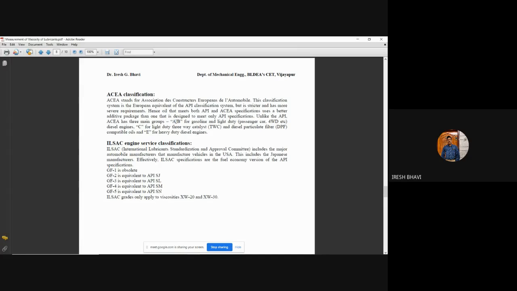Whereas C grade oil is used for light duty three-way catalyst type engines. So if a three-way catalyst is used in the engine, then they will go for C. What is a catalyst? A catalyst is used in controlling pollution.